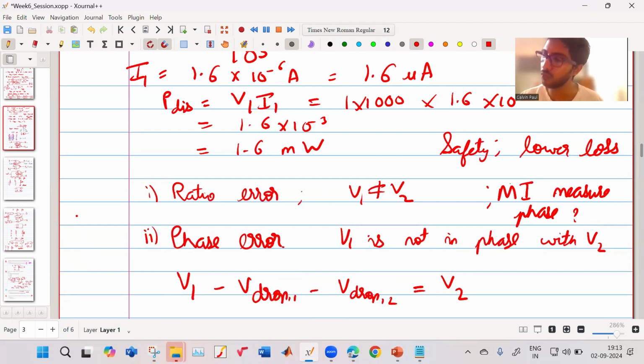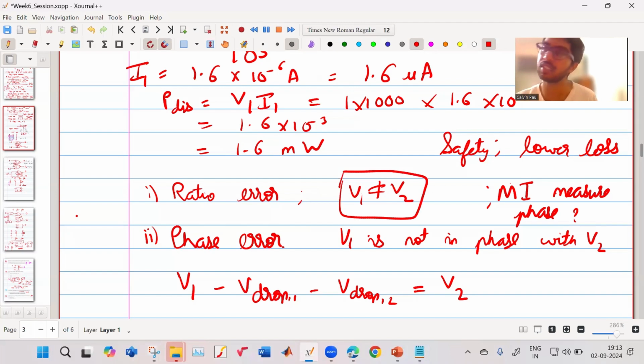The moving iron voltmeter will measure only the amplitude, or it measures only the RMS value. It doesn't measure the phase. So even though there is a phase error, the voltage it measures is just the RMS value. And what happens is V1 is not equal to V2. This is the RMS value.